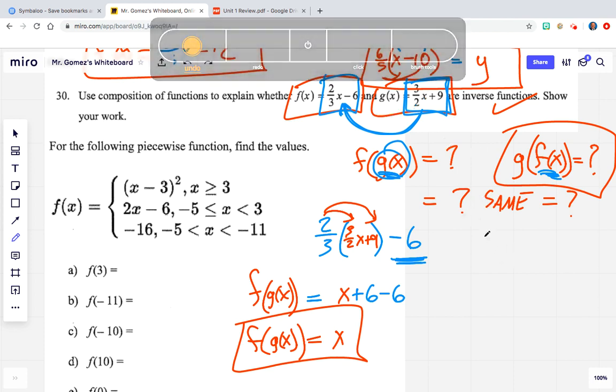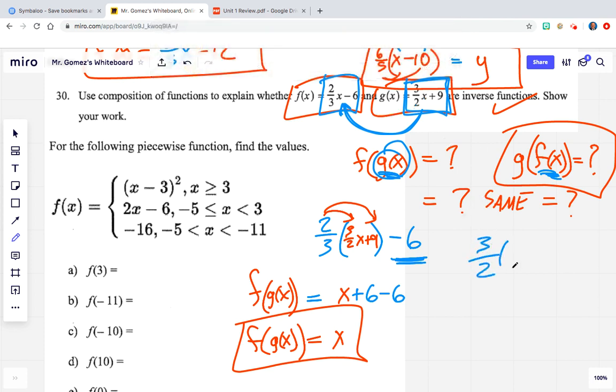So if I build g of x, which is the outermost function, and now I'm going to put in f of x, which is 2/3 x minus 6, into that x placeholder, if you will. Yes, I'll distribute the same like it did over here. And 2/3 and 3/2 is going to cancel to a form of 1.